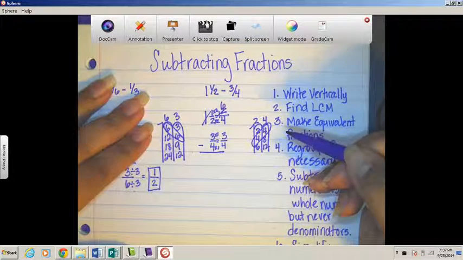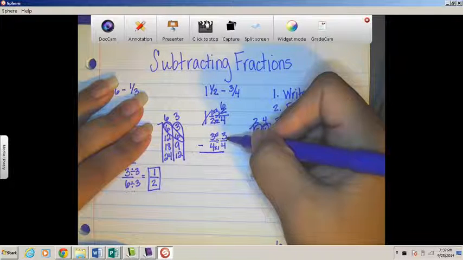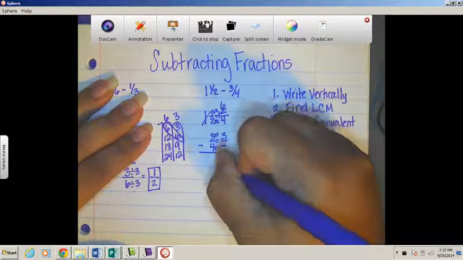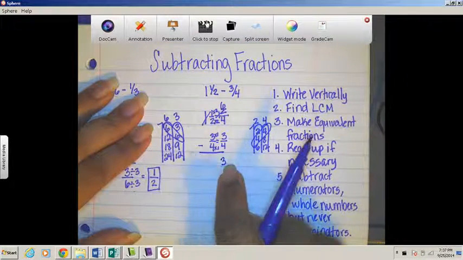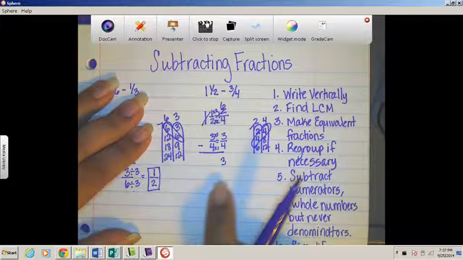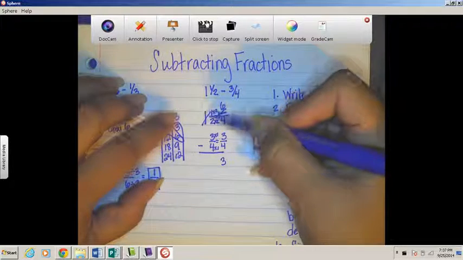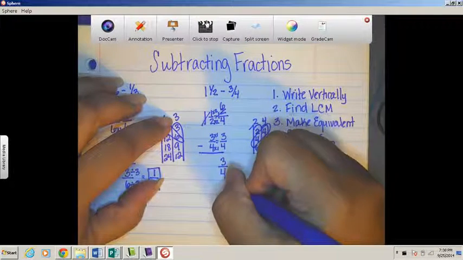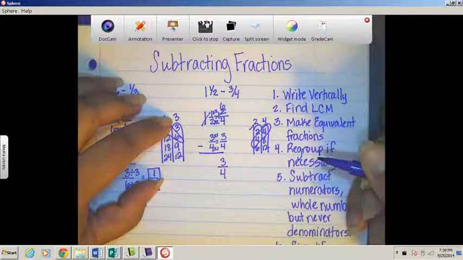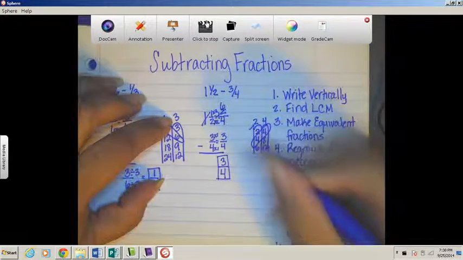Now I can subtract. 6 minus 3 is 3. We subtract the numerators and the whole numbers, but never the denominators. We subtracted the numerators. There are no more whole numbers, so it's 3/4. And it doesn't need to be simplified.